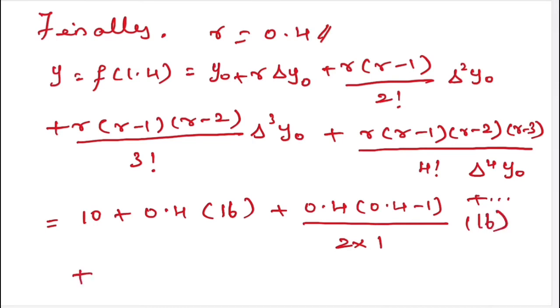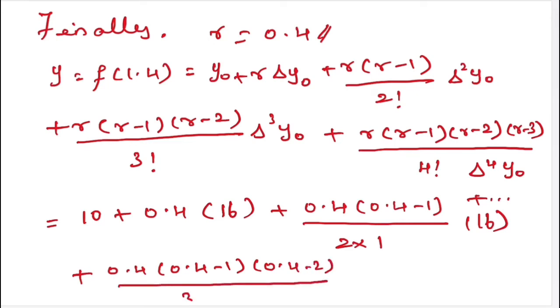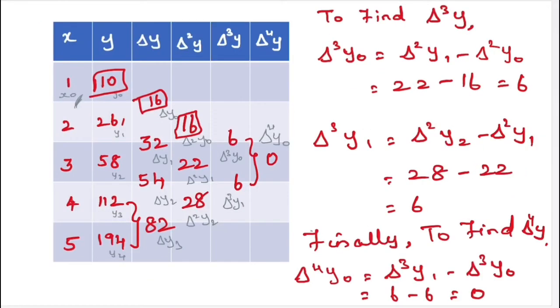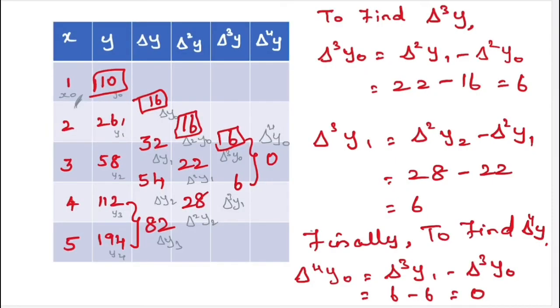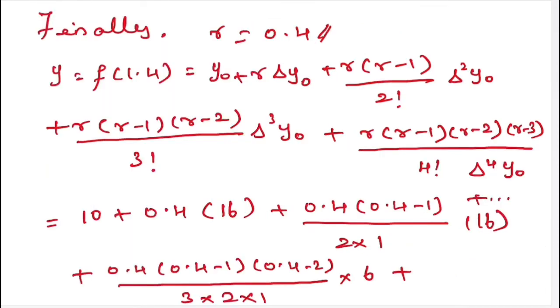Plus r into r minus 1 into r minus 2 by 3 factorial, that is 0.4 into 0.4 minus 1 into 0.4 minus 2 by 3 factorial, which is 3 into 2 into 1, into delta cube y naught, which is 6. Plus, from your table, delta power 4 y naught is 0. So this will become 0.